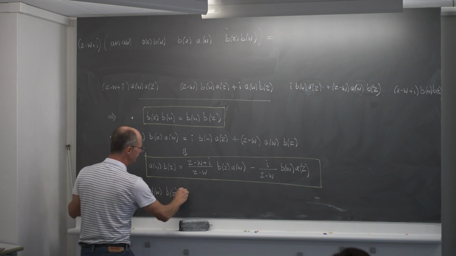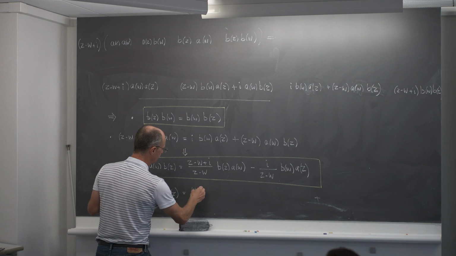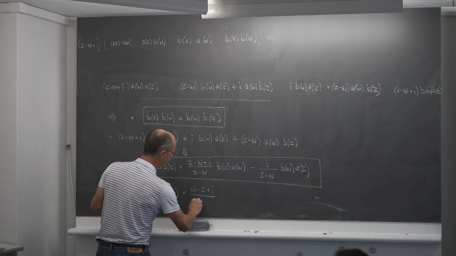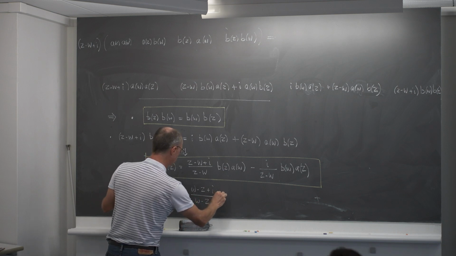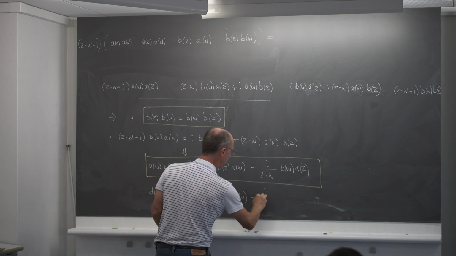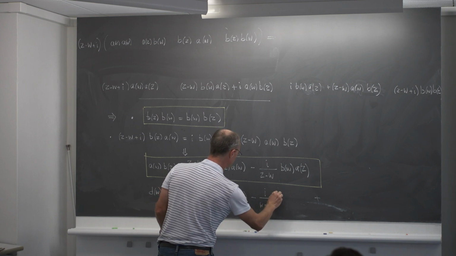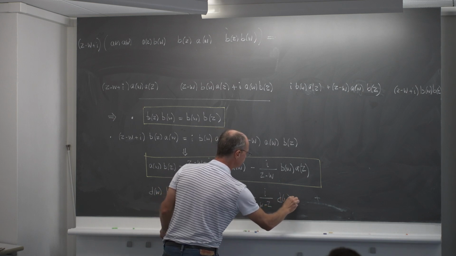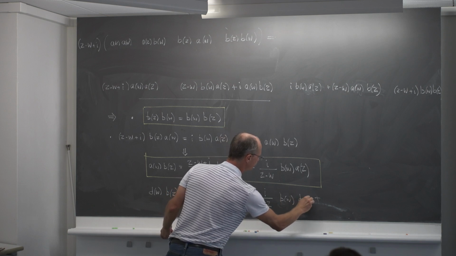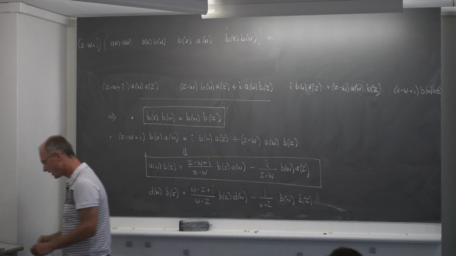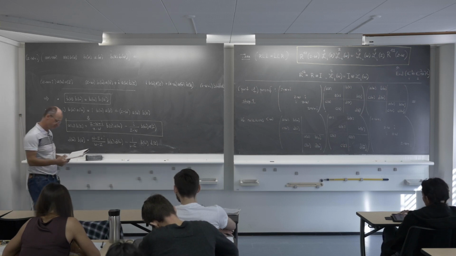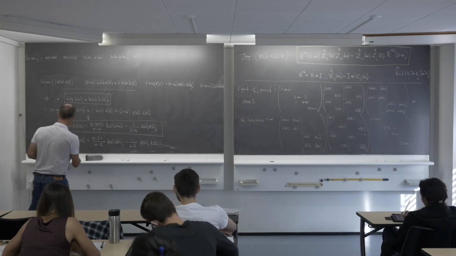D of W, B of Z is W minus Z plus I over W minus Z, B of Z, D of W minus I, W minus Z, D of W, B of W, D of Z. I think I do remember all those equations now by heart, but just in case, yeah, I think that's correct.